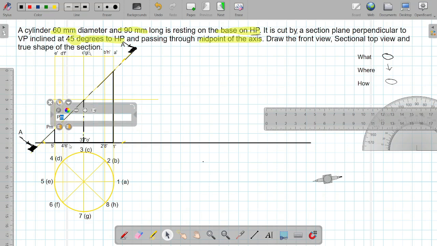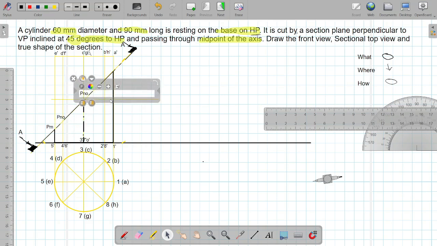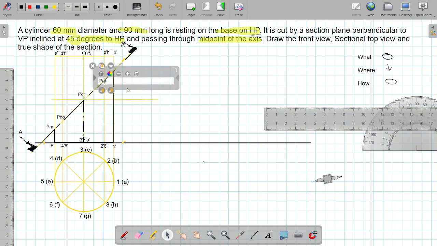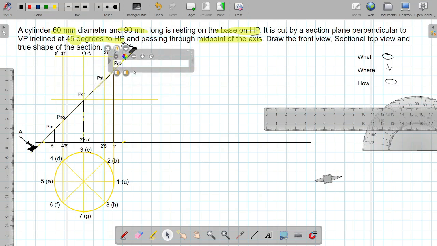I will name these as PN and O. Then here I will name them P, Q and R, because it is also cutting C3 and G7. Then I will name these as S and T, and this I will name as Q.